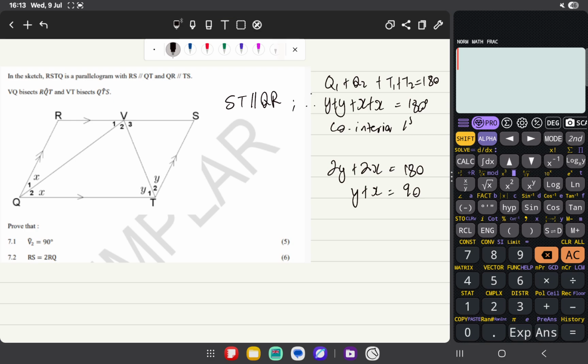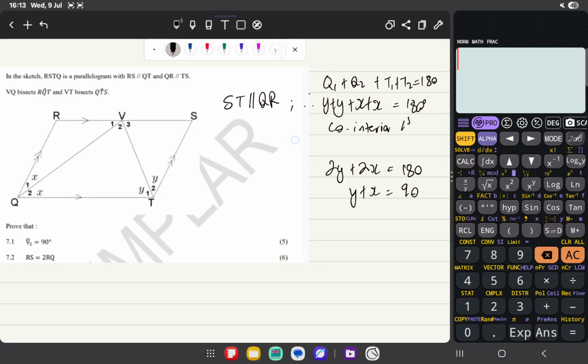So now let's do this. Look at this. We have parallel lines, RS and QT.